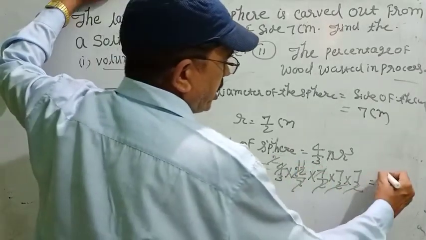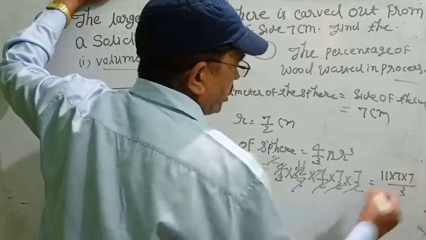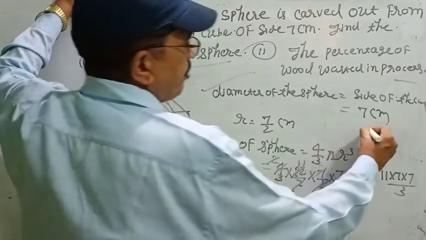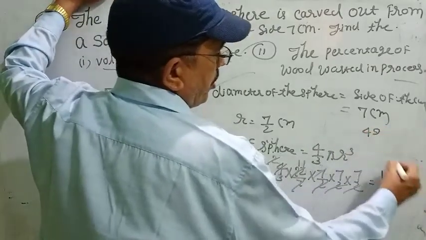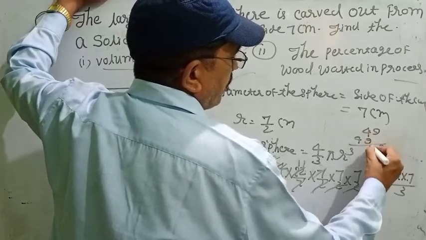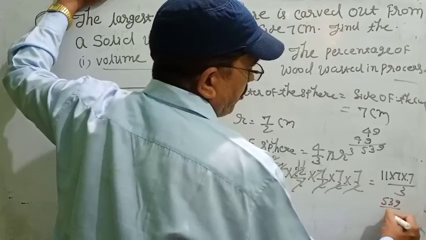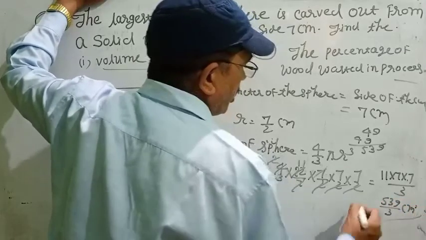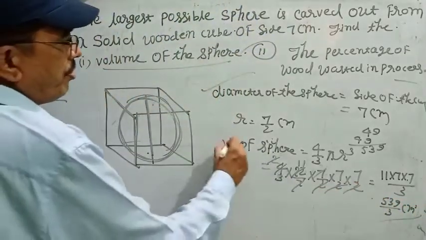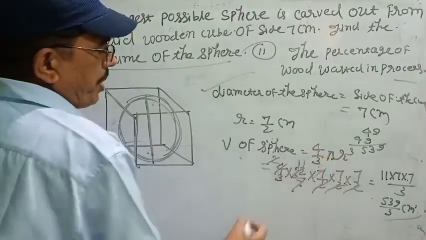Then your answer is 11 into 7 by 3. Multiplying, 49 into 11 is 539 by 3 centimeter cube. It is the volume of the sphere.